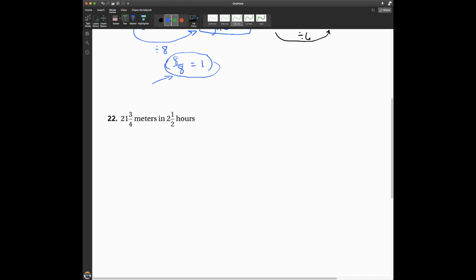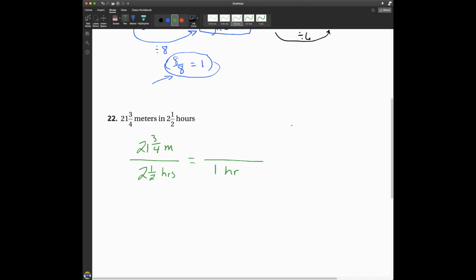All right, let's look at 22. For this one, I will again write this as a rate. 21 3/4 meters, I'll just use M for meters, in 2.5 hours. Okay, 2.5 hours. I want to know how many meters are covered in 1 hour.